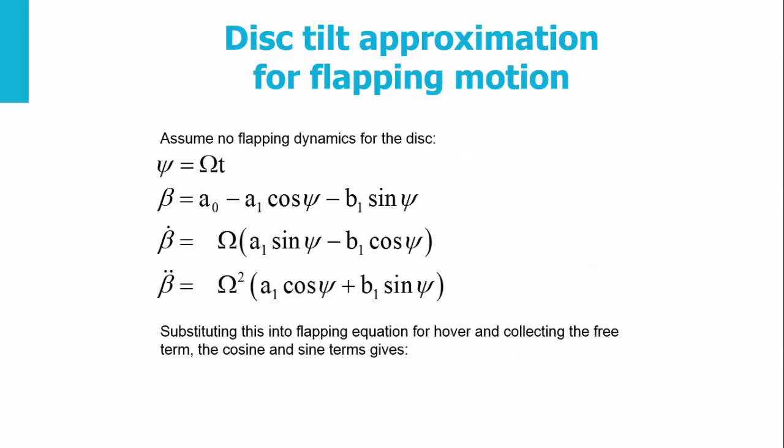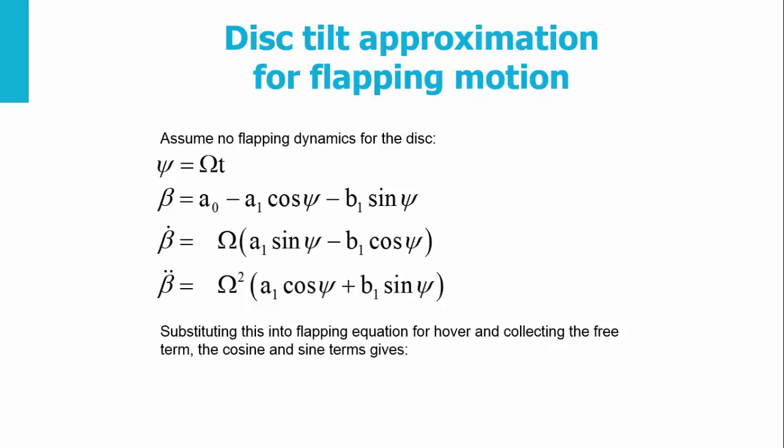Now, assume that no flapping dynamics is associated with the disk. Going back to the Fourier transformation, we can calculate the velocity of the flap and the acceleration of the flap, of course, because we know that the azimuth is omega t.